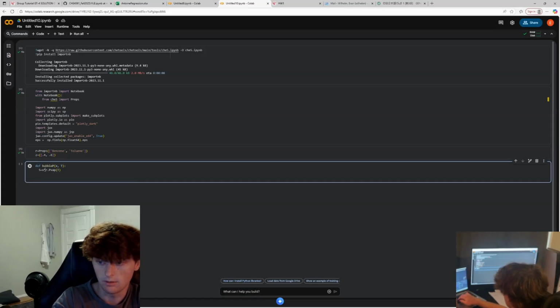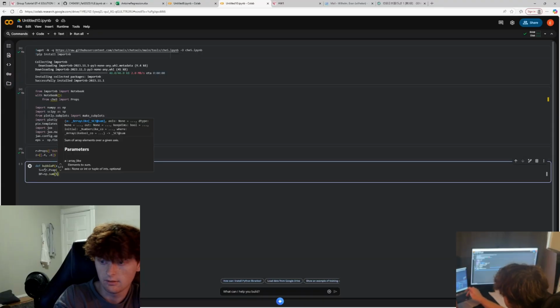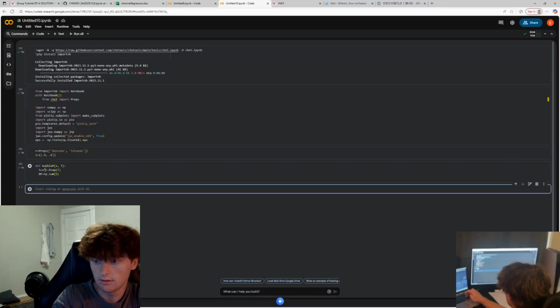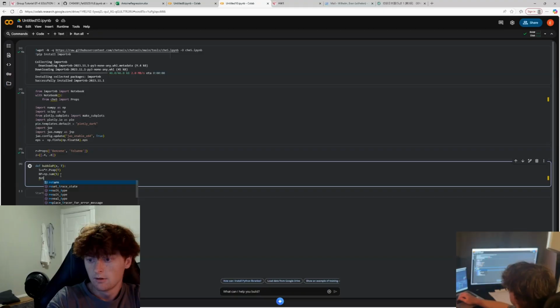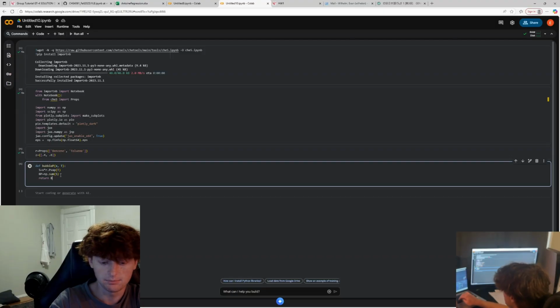So our bubble pressure is equal to our NP dot sum of S. Then we hit enter, and then we want to return the BP, and we also want to return our vapor fraction, and we do that by looking at Raoult's law, and we can see that we need to do our S divided by our BP.